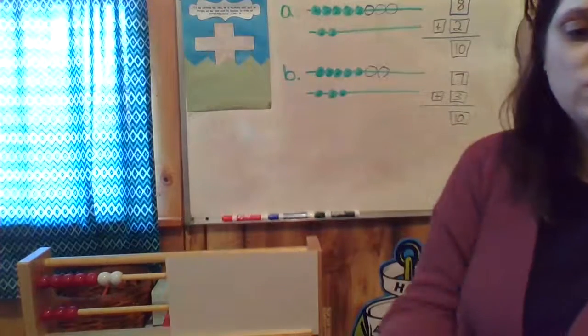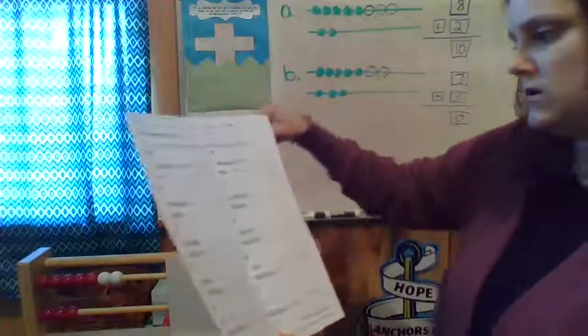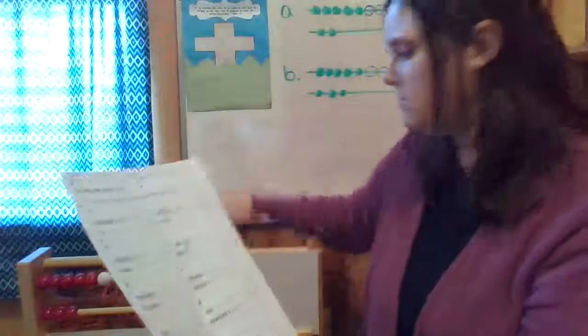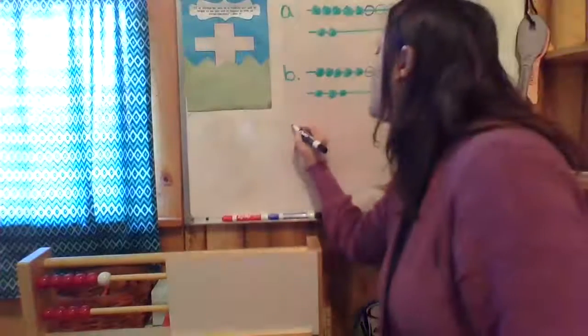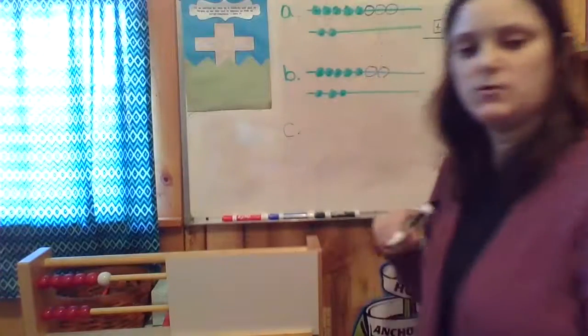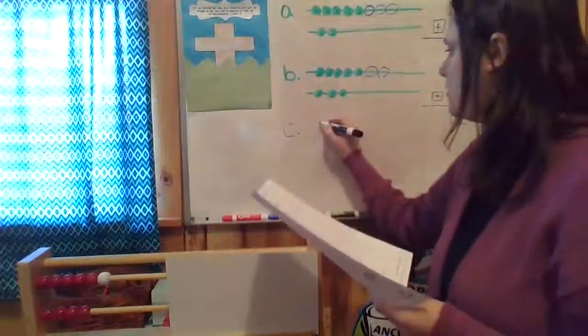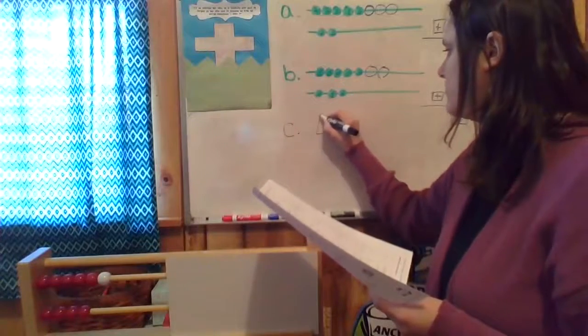Okay, so that's what you're going to do. You're going to go through and continue counting the beads for each row, okay? So the next one looks like that, okay? So I'm not going to draw the whole beads on the board, but I will help you do one more equation. So how many beads are on the top row?